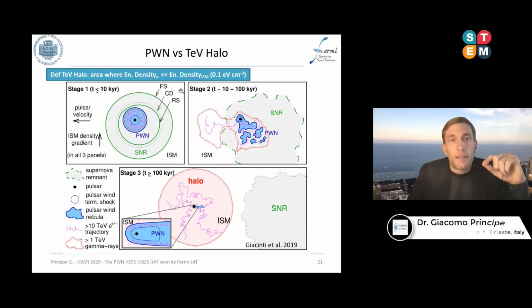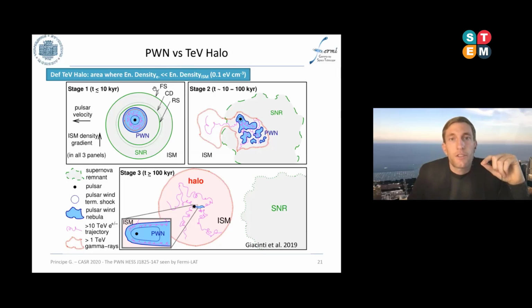In order to define whether it is a halo or not, we can compare the energy density of the electrons. If the electron energy density is much lower than the energy density of the interstellar medium, this means that the electrons are confined by the interstellar medium and are no longer surrounded by the supernova remnant.